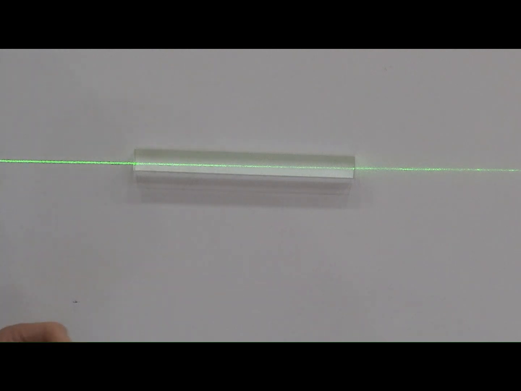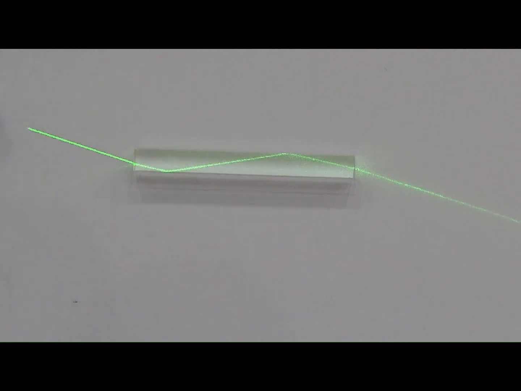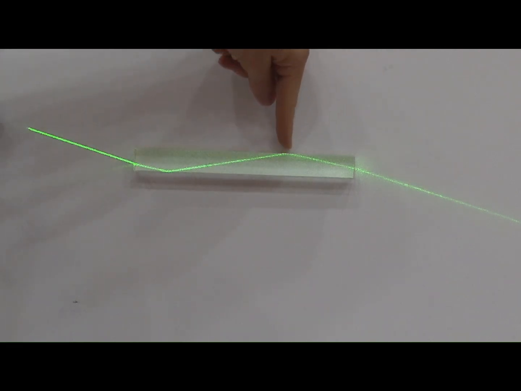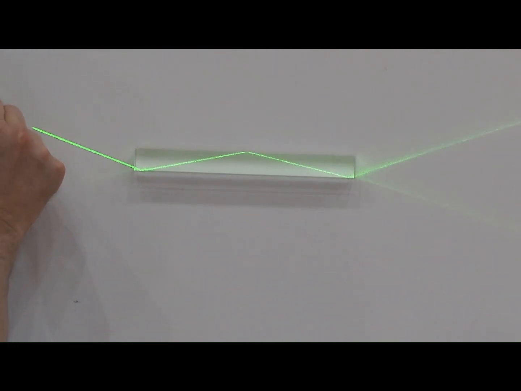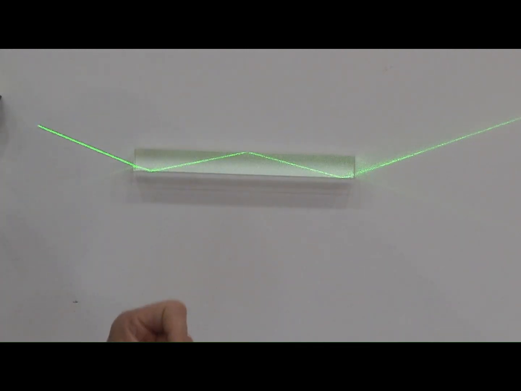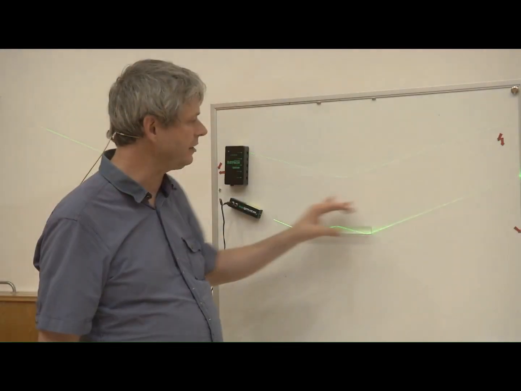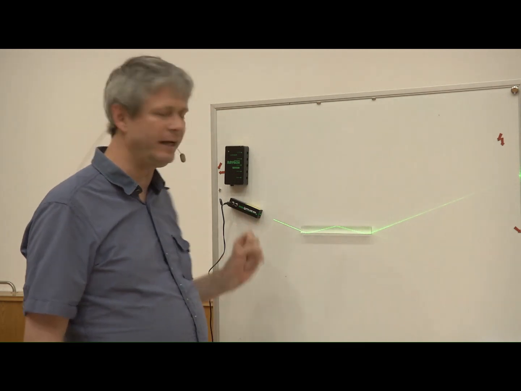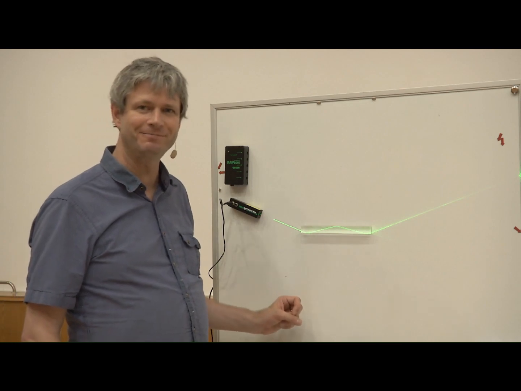But now the interesting thing is that with an optical fiber or rod of glass, if I go in at a certain angle, you see that the light gets reflected by total internal reflection at not only one, but two or even more points, and it gets guided in this rod of glass. And if you imagine this was a kilometer long, it could still guide the light perfectly as long as we stay under the critical angle for total internal reflection.